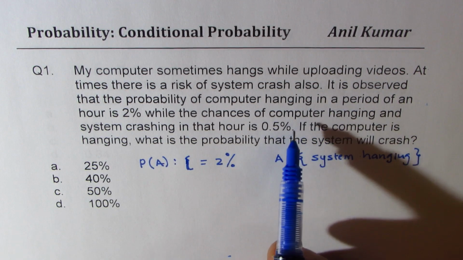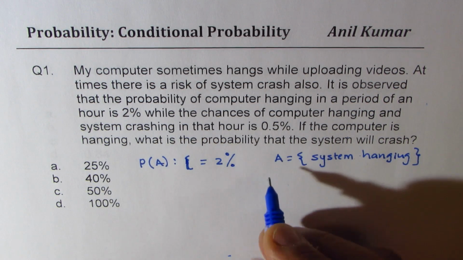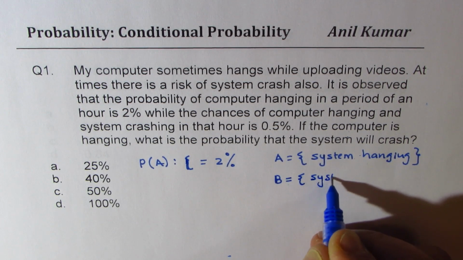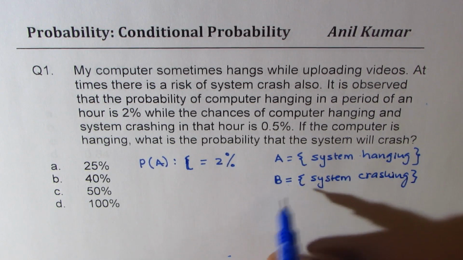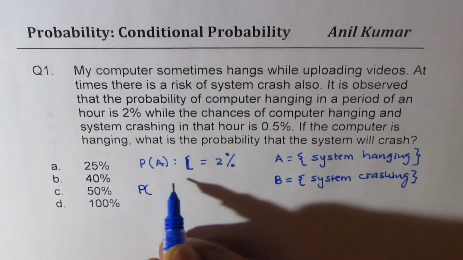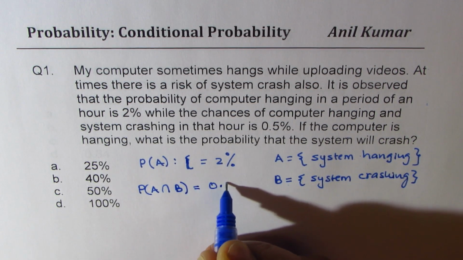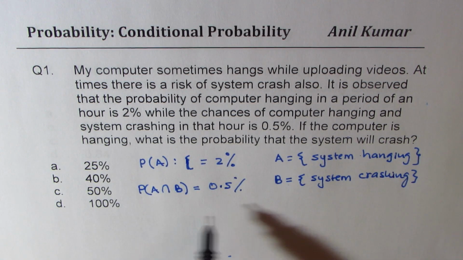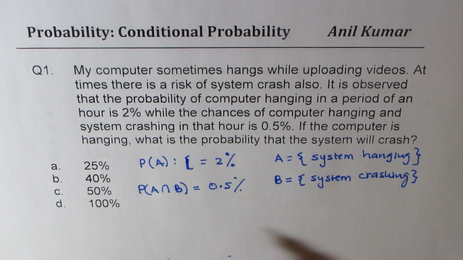While the chances of the computer hanging and system crashing, so B is system crashing. So what we are given here is that the probability of A and B, that means the system is hanging and crashing, is 0.5%. You get an idea. So the probability of system hanging is 2% and that of both of them happening is 0.5%.